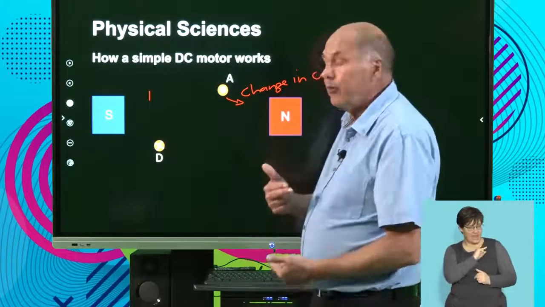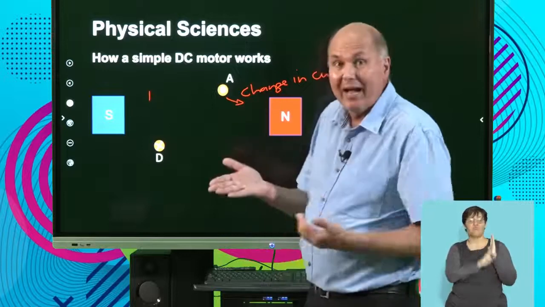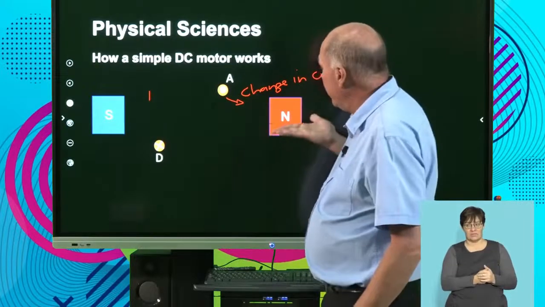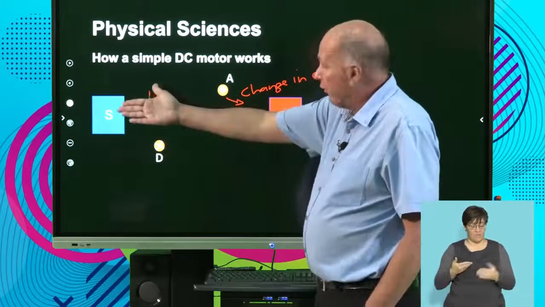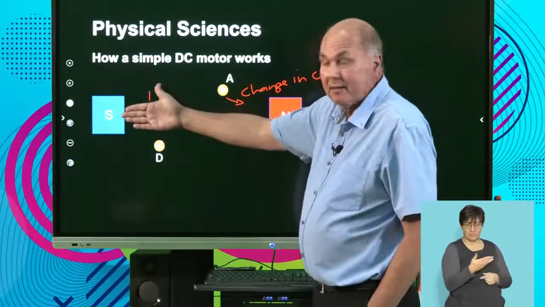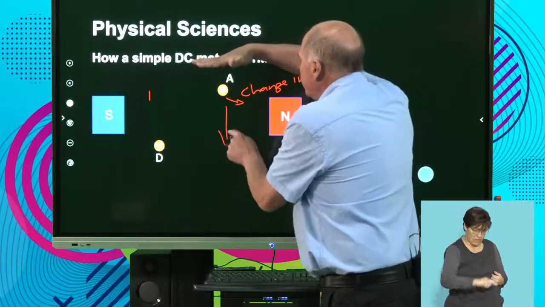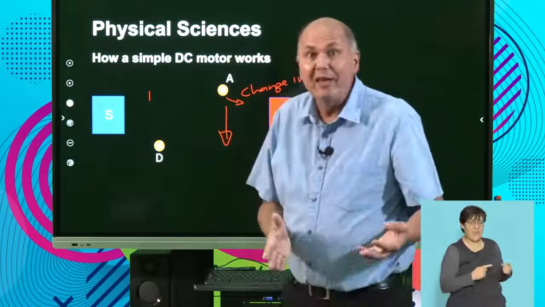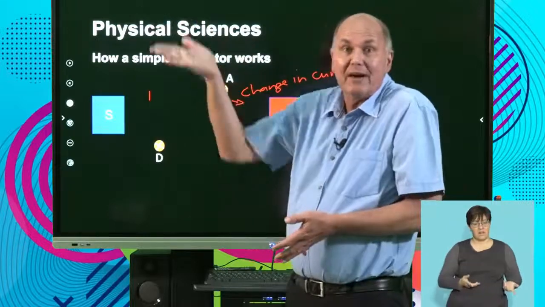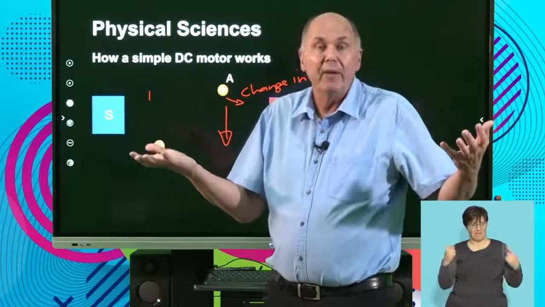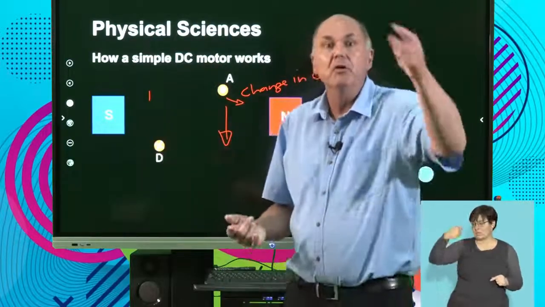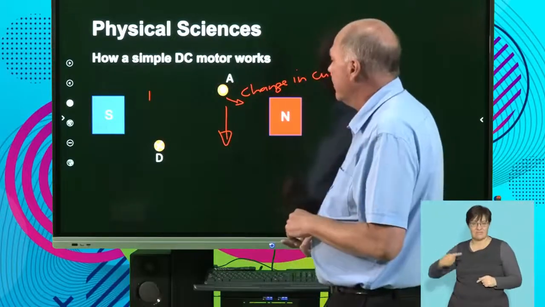And the reason for that is that if we apply our rules, again, we say the field lines from north to south, the current is coming out, it will continue to move down. If it was moving in, it would suddenly reverse direction, and that would make no sense. We want it to be rotating smoothly as it goes along.